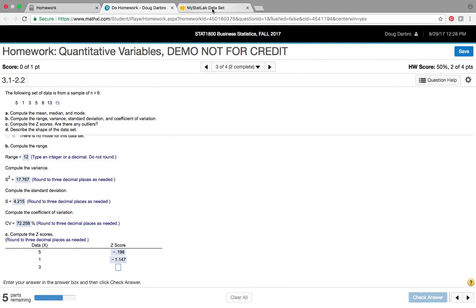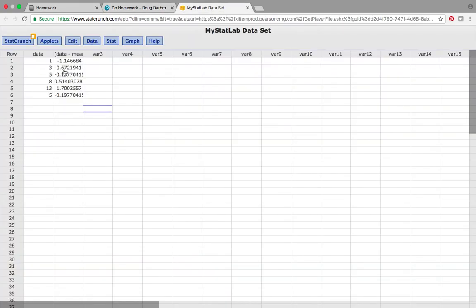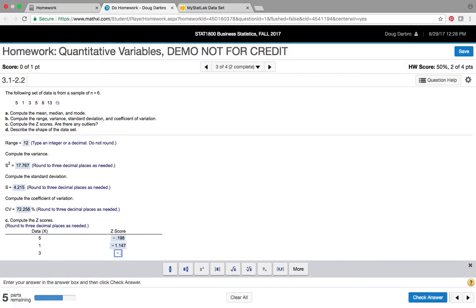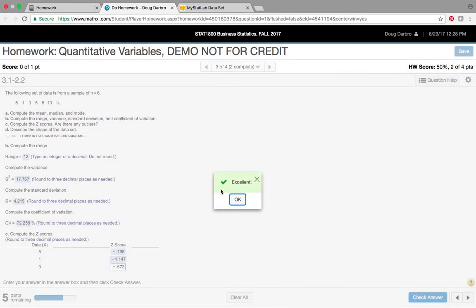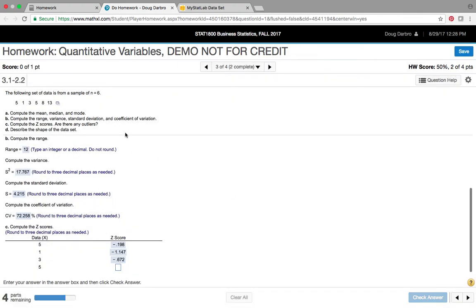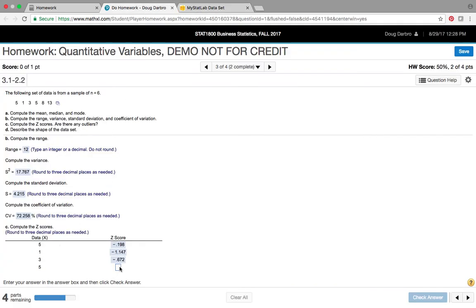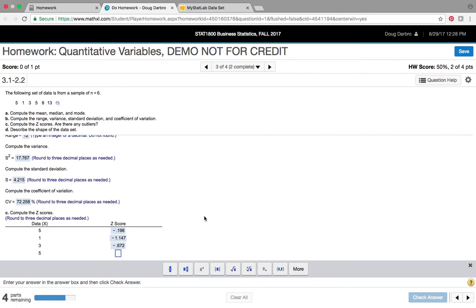The 3 is negative 0.672. And you just hope that you don't make a typo. Well, guys, 5 has to be the same z-score as the other 5. That'd be kind of wacky if it wasn't.